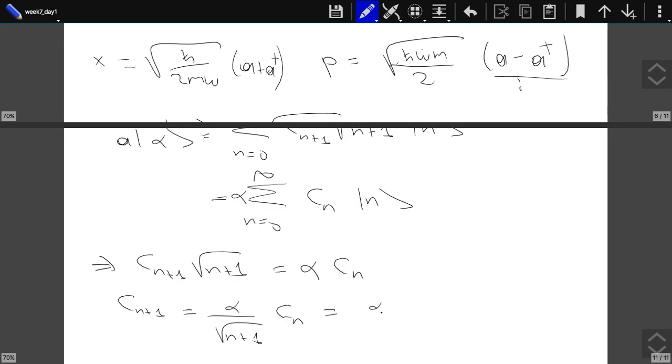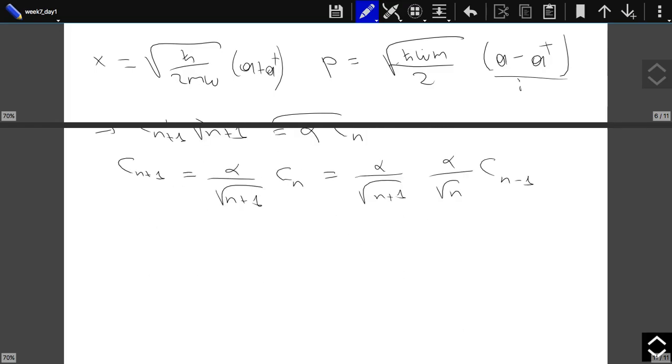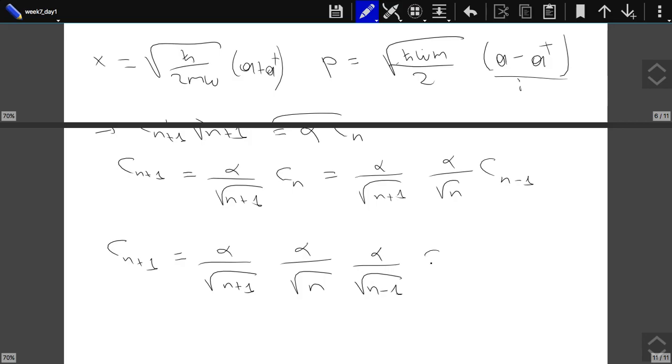Let me write it more explicitly. Cn plus 1 is alpha over square root of n plus 1, times alpha over square root of n, times Cn minus 1. So Cn plus 1 should be equal to alpha over square root of n plus 1, alpha over square root of n, alpha over square root of n minus 1, Cn minus 2.